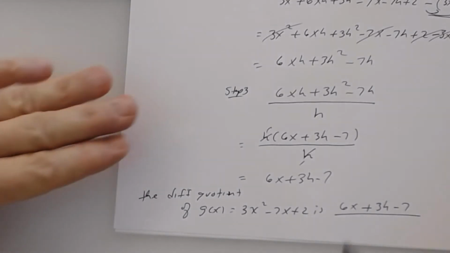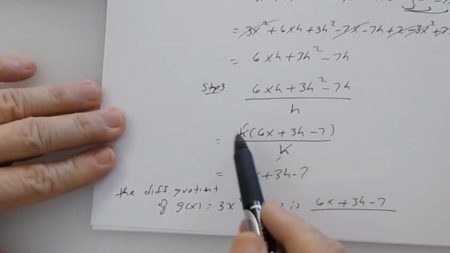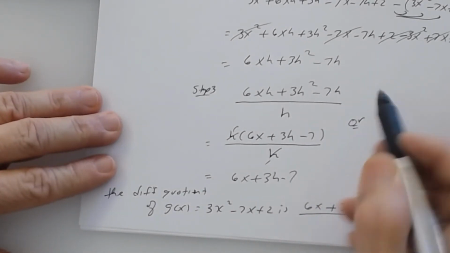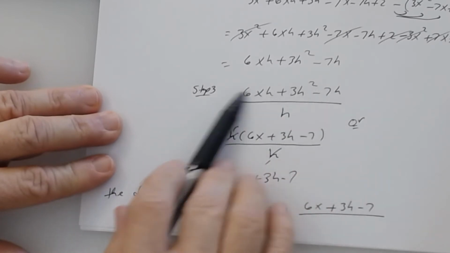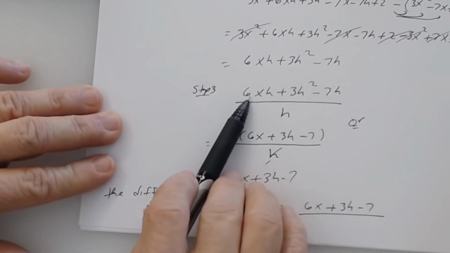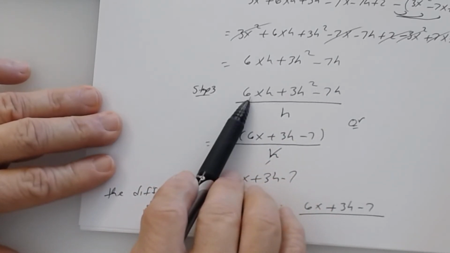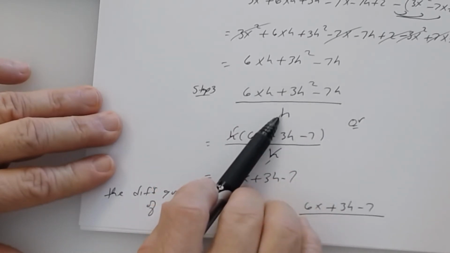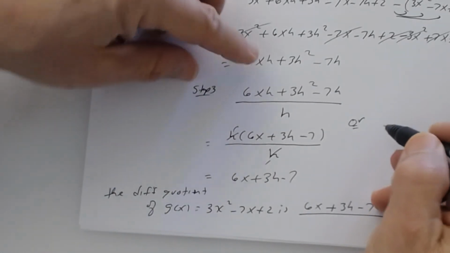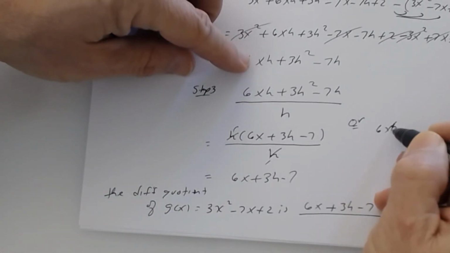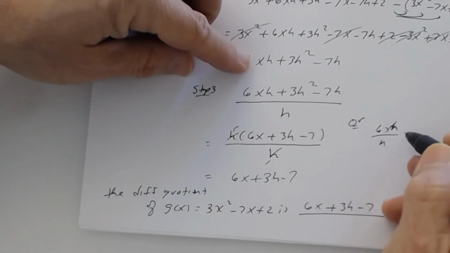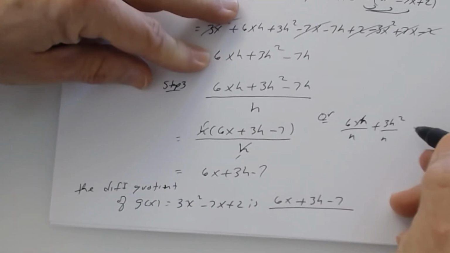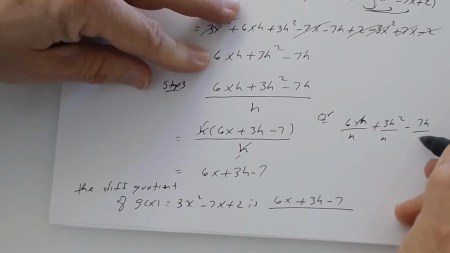Now remember, the other way to do it, see how we factor out the h? You could have also done this. How many terms are in the numerator? 3. So I can take each of those terms and divide by the denominator. So in other words, 6xh divided by h, plus 3h squared divided by h, minus 7h divided by h.